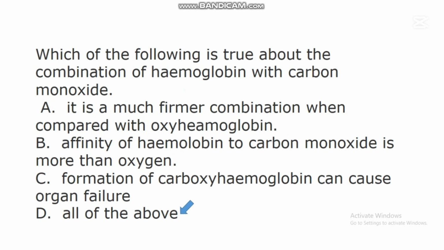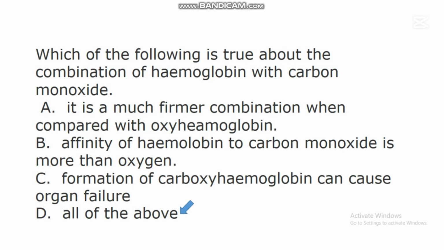All of the above. Studies have shown that when carbon monoxide combines with hemoglobin, there will be production of a compound. And this combination is much firmer when compared with the combination of oxygen and hemoglobin that leads to formation of oxyhemoglobin.